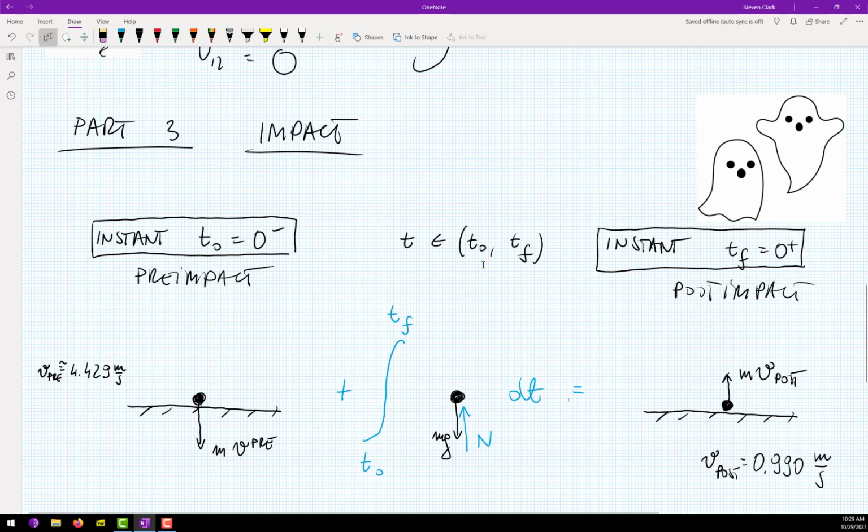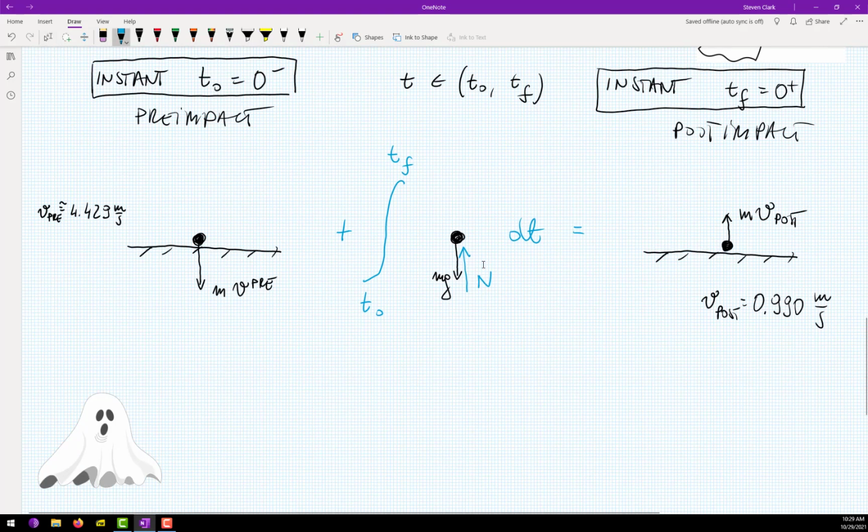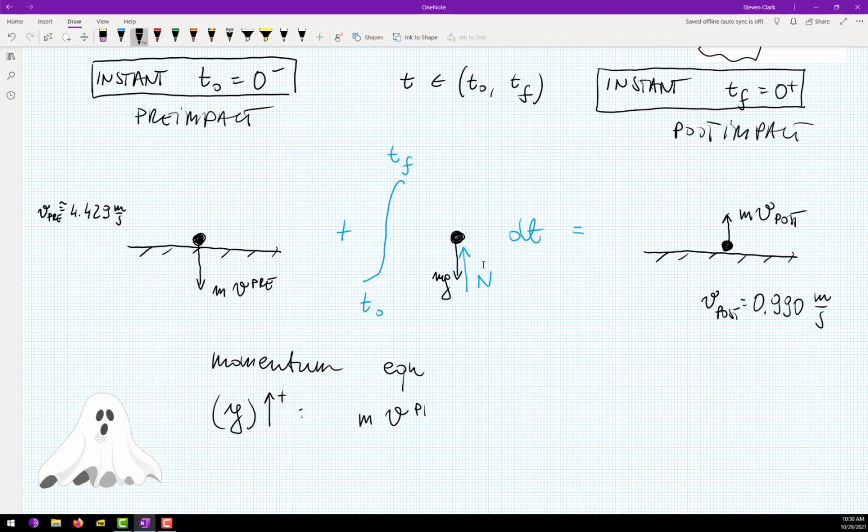So let's write the momentum equation. Along the y direction, and this direction will be positive. So we will have at the beginning mv pre, but it will be with a minus, because it is pointing downwards.